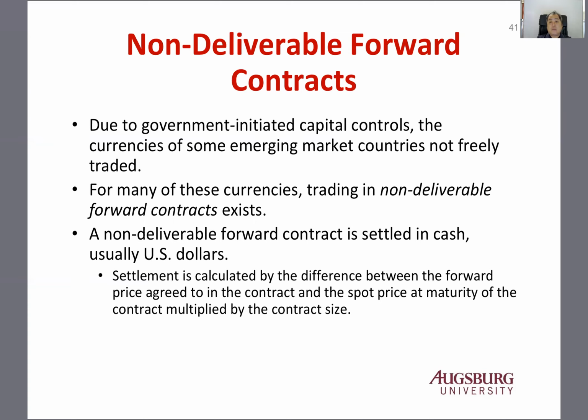They use the value of these currencies, but they do not deliver them because they cannot. They just trade based on US dollars. Settlement is calculated as the difference between the forward contract rate and the spot price at the maturity date, multiplied by the contract size, and paid in US dollars.